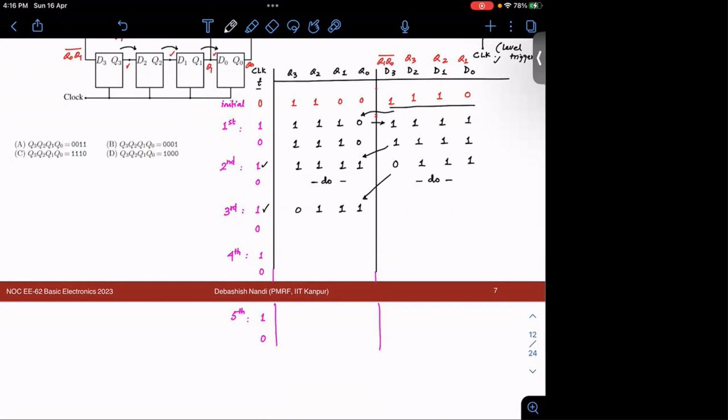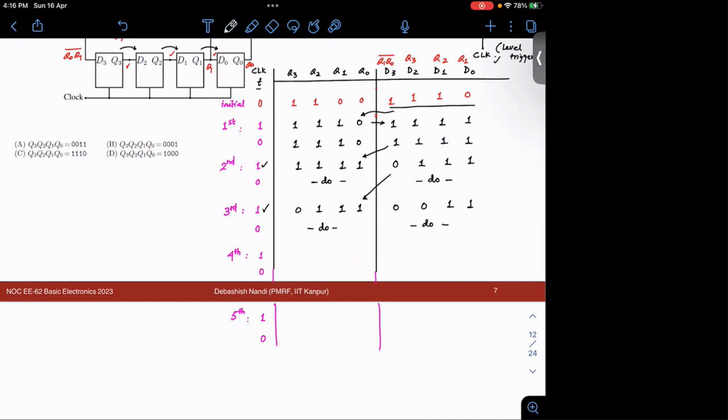Now, accordingly, this 1, 1 will become 0, 0, 1, 1. Again, I am telling you, this goes to here, this goes to here, this goes to here. And this NAND operation will be stored here. Fine. So again, whenever the clock is low, you have the memory state. So you have the same stuff.